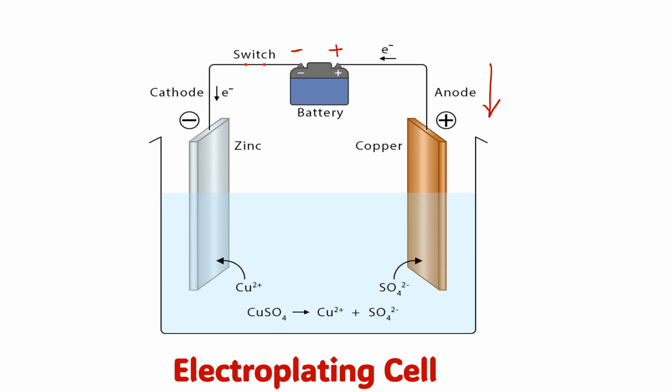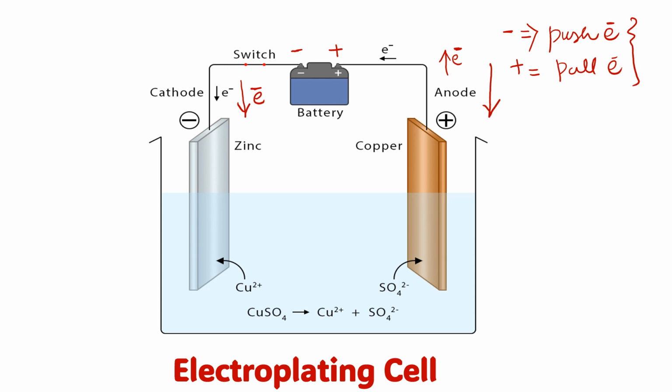The negative terminal of the battery basically pushes the electrons, whereas the positive terminal of the battery, which acts as an anode, pulls electrons toward itself. So electrons will be pulled by the positive terminal of the battery, whereas the negative terminal will push electrons away from itself.